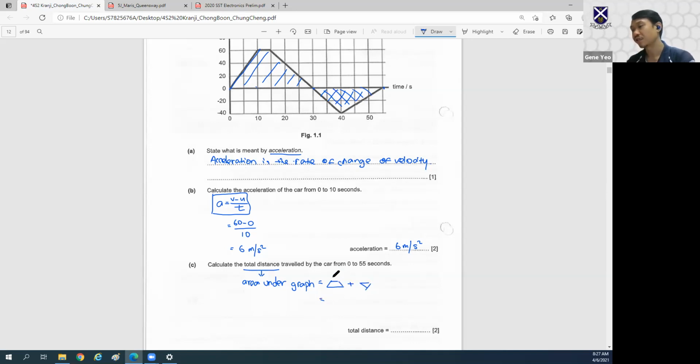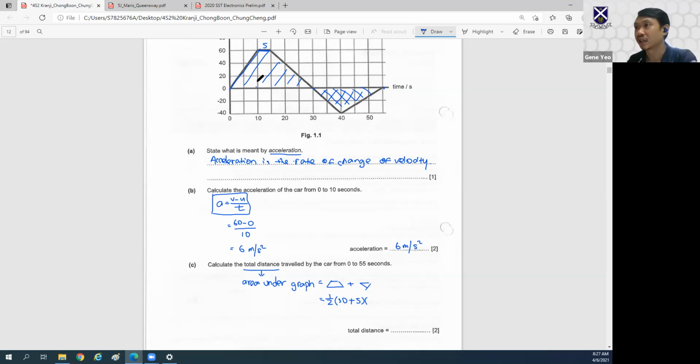Okay, so the formula for this shape is half times sum of parallel sides times height. So this fella is 0 to 30, so this is 30 plus this is 5. All right, this is 5 over here, times the height.